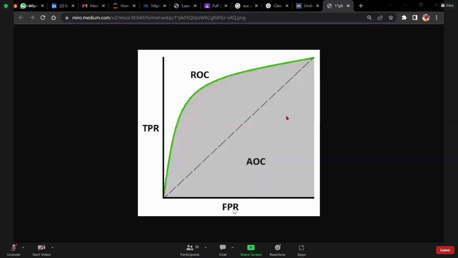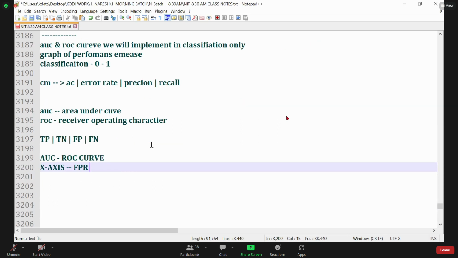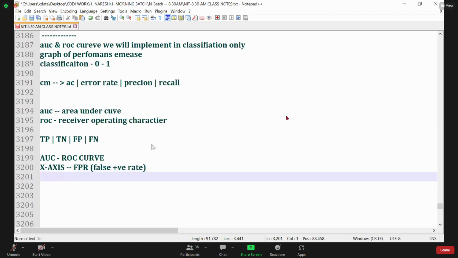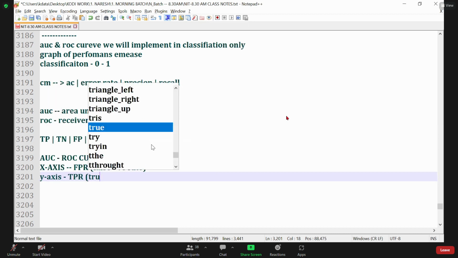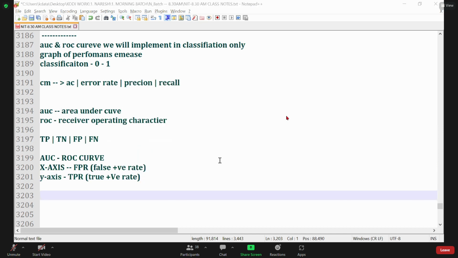On the x-axis, what is the value we call it? FPR. In the AUC and ROC curve, the x-axis would be what, guys? FPR. What is meant by FPR? False positive rate. Isn't it FPR? And on the y-axis, we have TPR, true positive rate. Do you understand or not? On the x-axis we have false positive rate, and on the y-axis we have true positive rate.